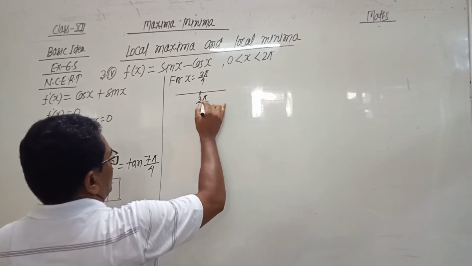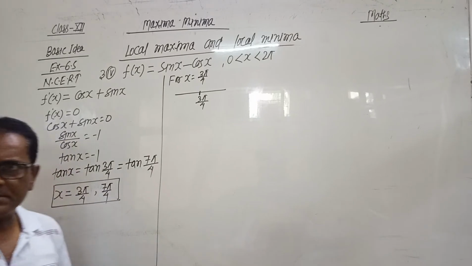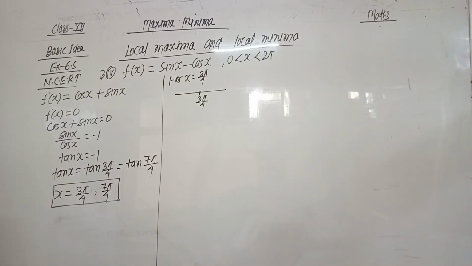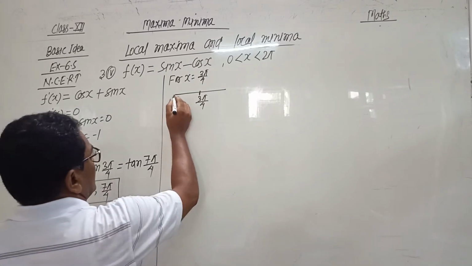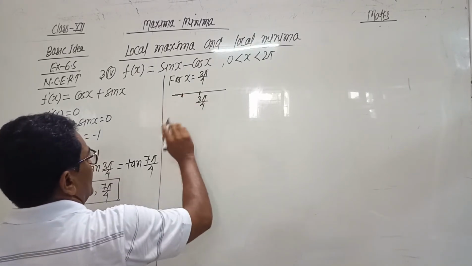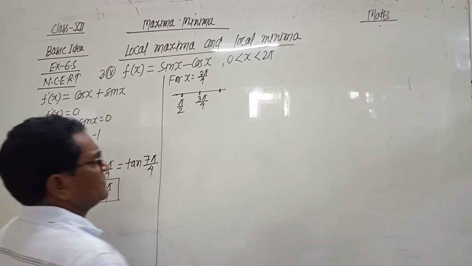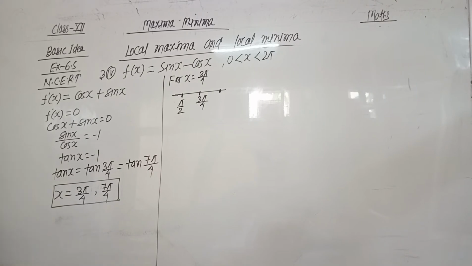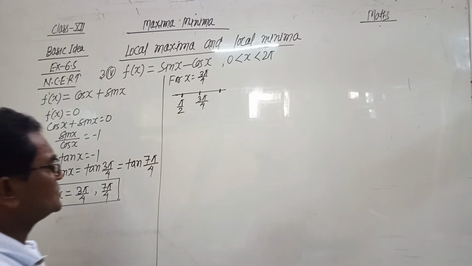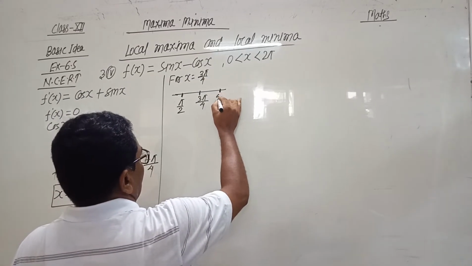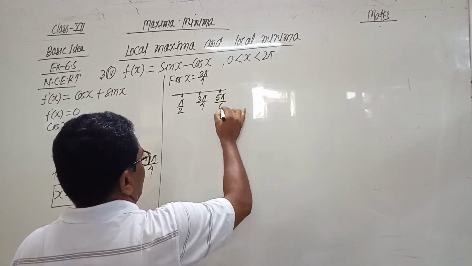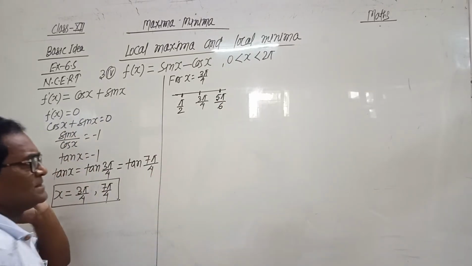3 pi by 4 means 135 degrees. So just before 3 pi by 4 we can take pi by 2, and just after 3 pi by 4 we take 150 degrees, and 150 degrees means 5 pi by 6.